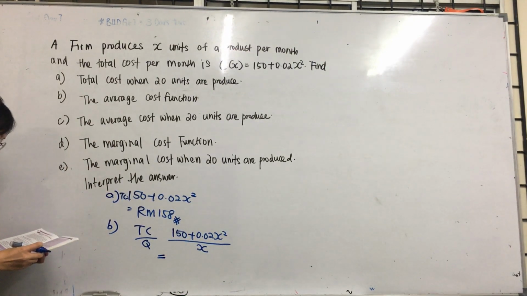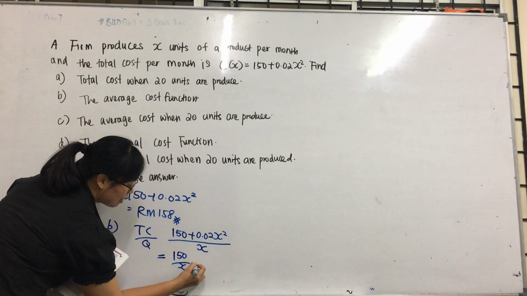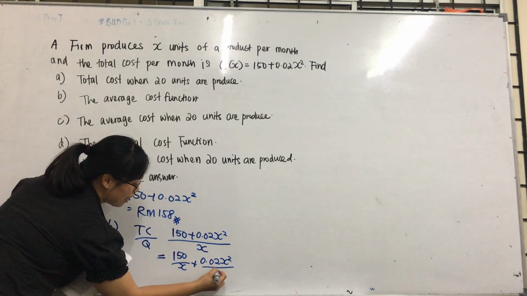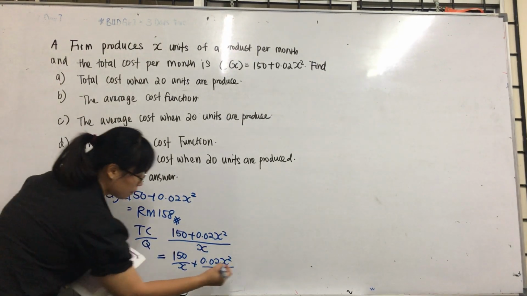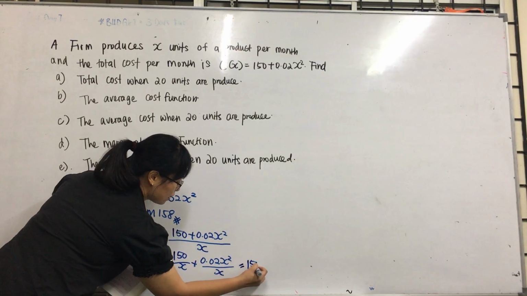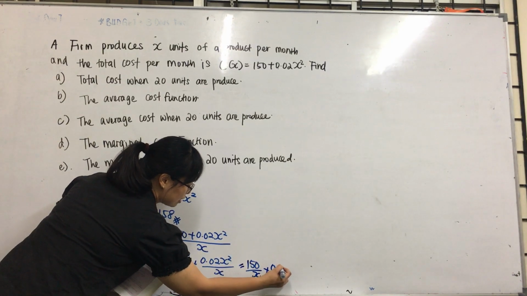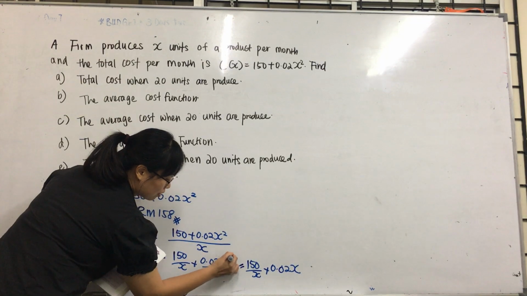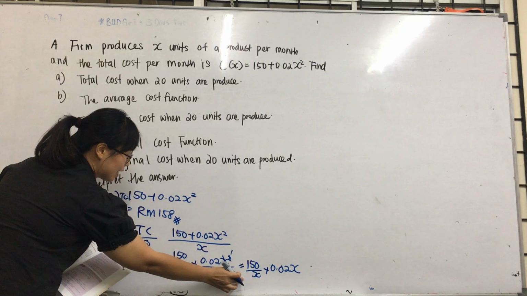So the average cost here, you will get is 150 over x plus 0.02 x squared divided by x. So minus x here, you will get 150 divided by x plus 0.02 x. Why? Because here, you cancel, you remain 1 x. So B, this is the answer.